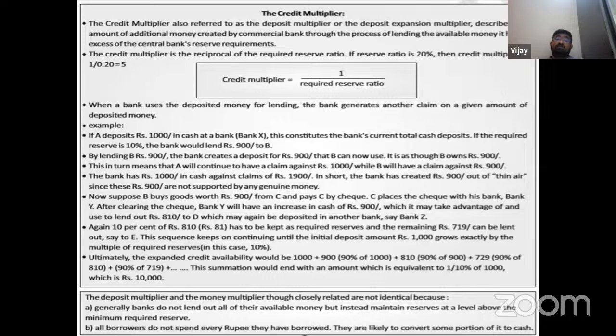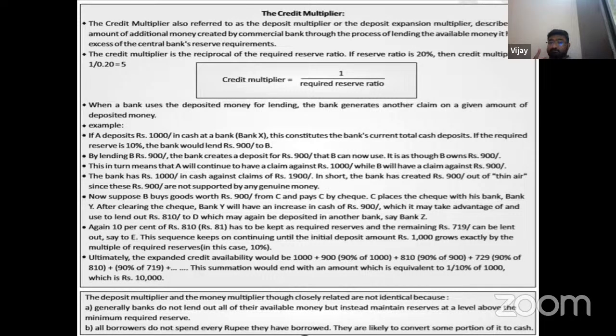Now assume instead of a reserve ratio of 10%, it is 5%. Then the credit multiplier will be 20 times. When the reserve ratio decreases, the credit multiplier is 20 times, so 20,000 can be created.